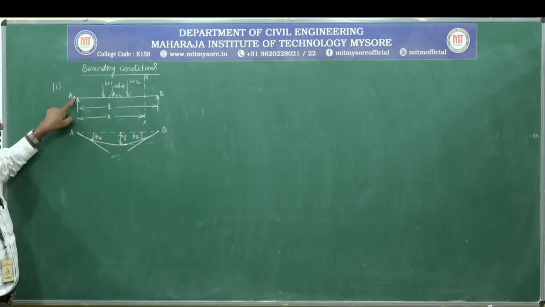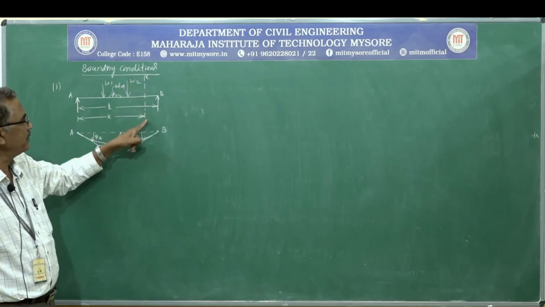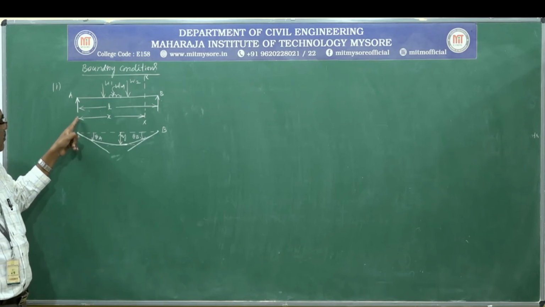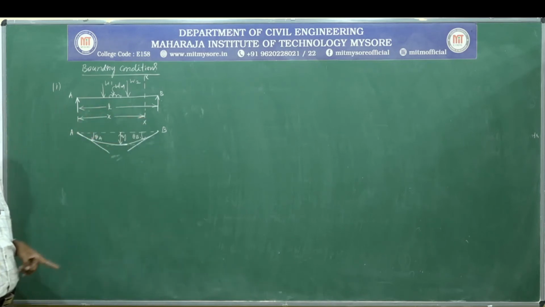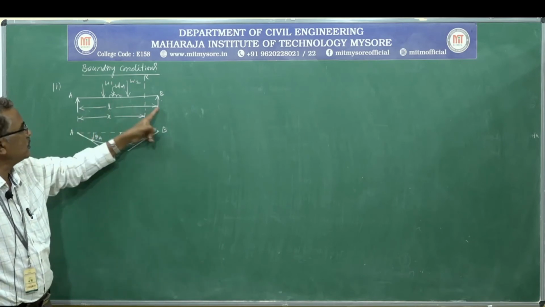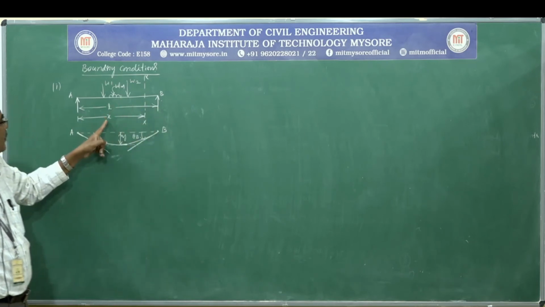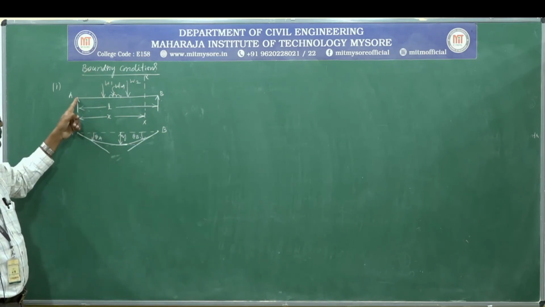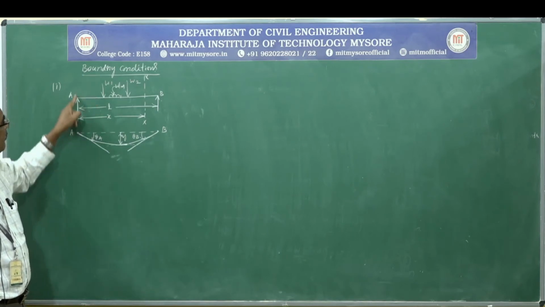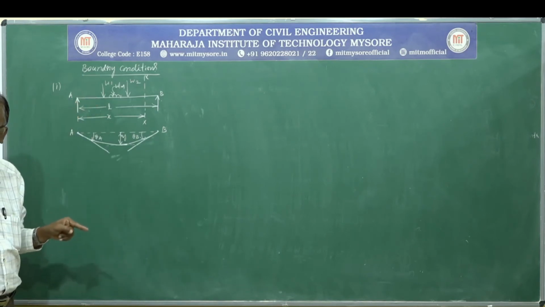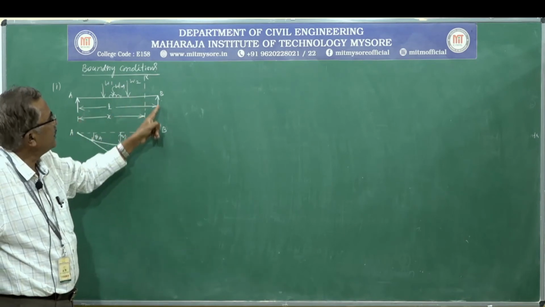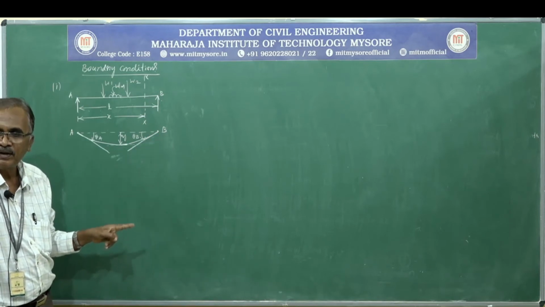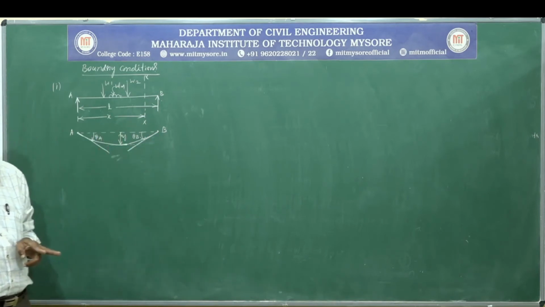Already we stated that x, we select a section in the last segment, it is the distance x from A to the section, so that x varies from 0 to L. In the differential equation, if x is equal to 0, then deflection is 0. Again, if x is equal to L, again deflection is 0.